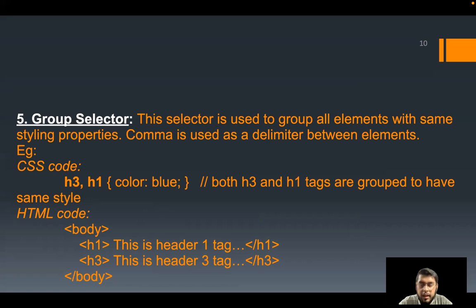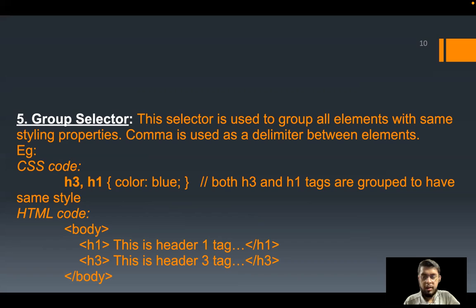If we specify the font size also, it will be same for all, because if we want a group kind of thing to be applied for both the tags, then we use this group selector. Okay, so now all the 5 group selectors are over.